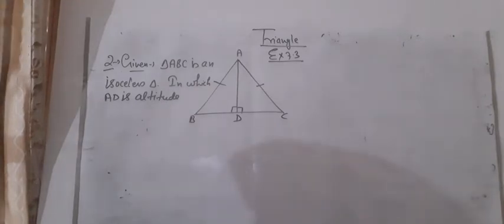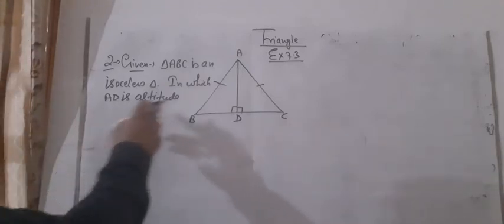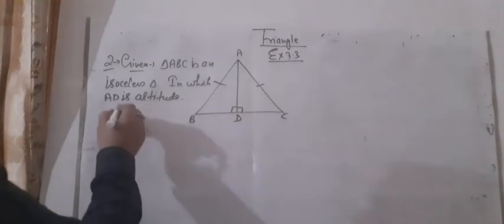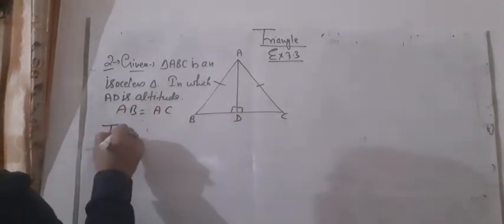AD is an altitude of an isosceles triangle ABC, and AB is equal to AC. It is given that.